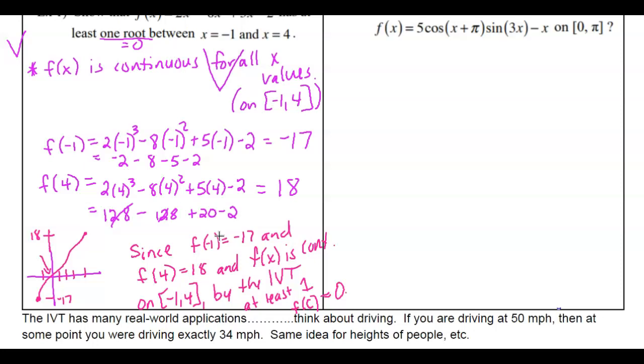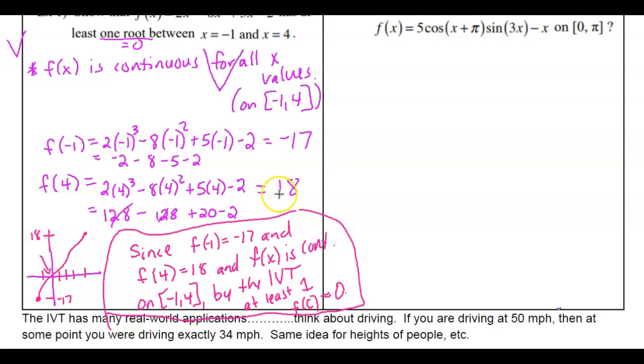Okay, or you could say there is at least one x value such that the y equals 0. Okay, but you want to state the conditions. So the conditions are it's continuous and that your y values change signs. So this would be your statement on a free response for 1 point. Okay, so that's it. We don't know where it is. We're not finding it, but we're just guaranteeing that it does exist.